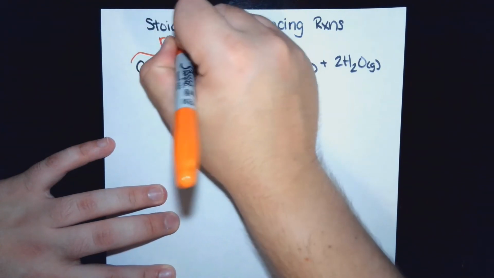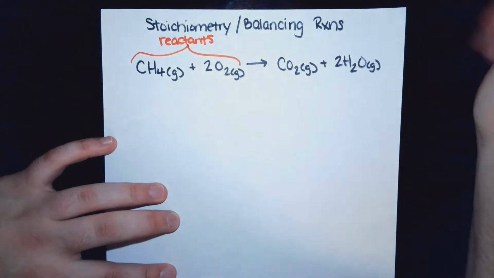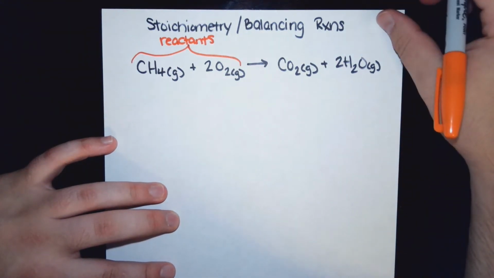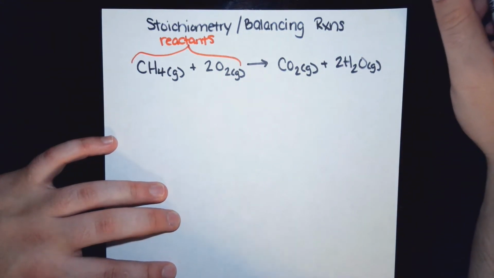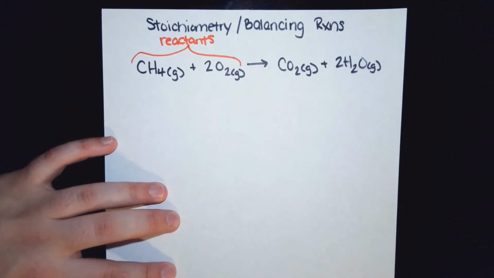So when you hear me use the term reactants, that's everything to the left of the reaction arrow. And those represent the materials that you start with in your chemical reaction, so the things that you actually mix together in the very beginning.